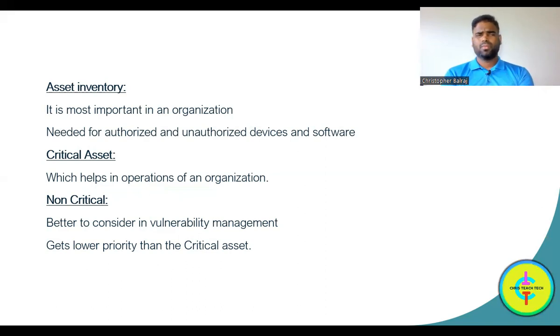It is good to audit those also and see what each device is performing, but you can give them lower priority. These are all the things an organization has to perform in order to protect itself from vulnerability. This is called vulnerability management.